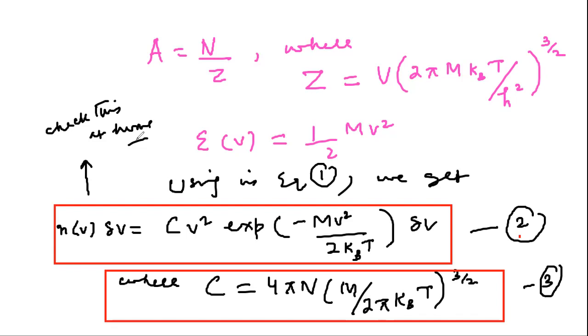Actually, Z contains h cube in the denominator, but when you make the transformation from k to v, you get another h cube. Those two h cubes cancel out, so the expression is without Planck's constant. So it is a classical result.